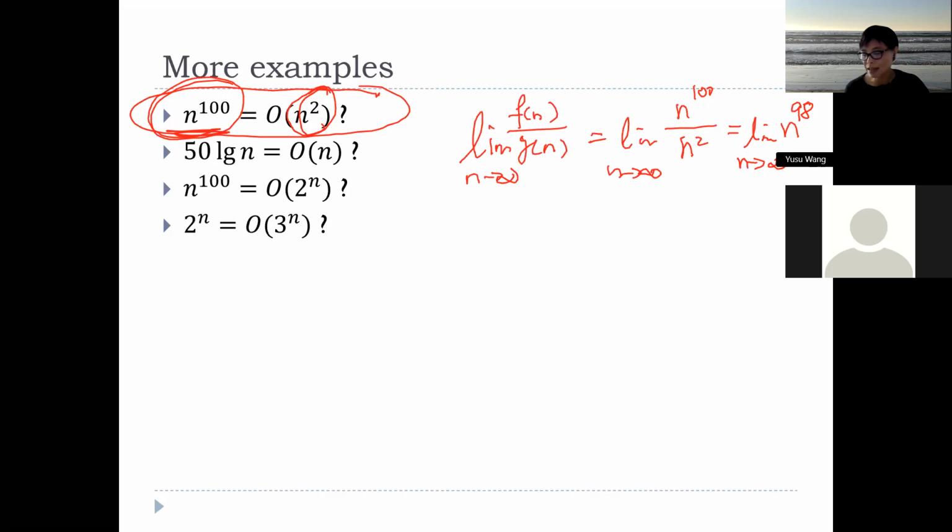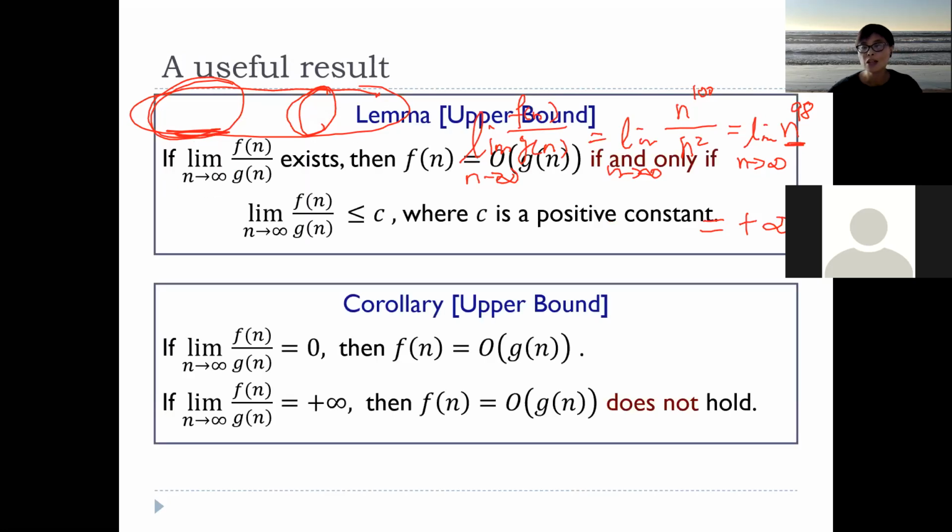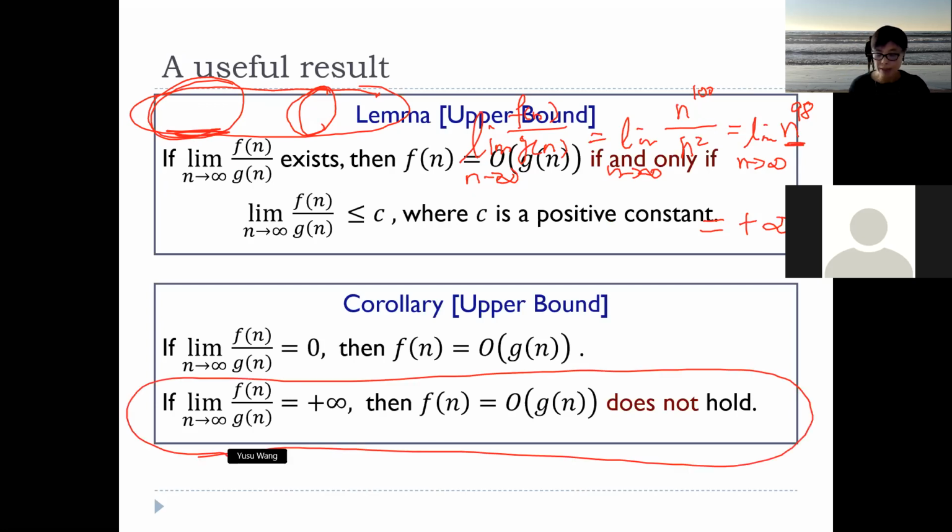This is a polynomial function of n, and as n goes to infinity, this quantity goes to infinity. So this gives me positive infinity. And as such, by this corollary, we know that this relation cannot hold because no such constant can exist.